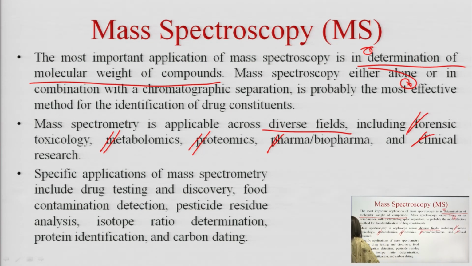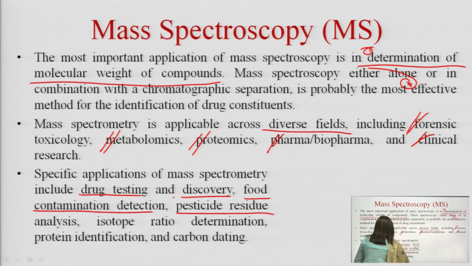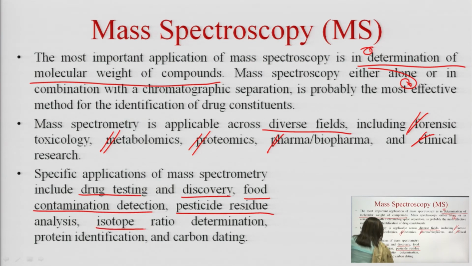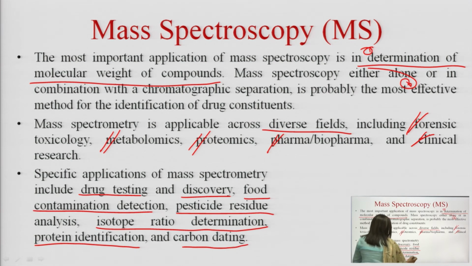Specific applications of mass spectrometry include drug testing, discovery, food contamination detection, pesticide residue analysis, isotope ratio determination, protein identification and carbon dating.